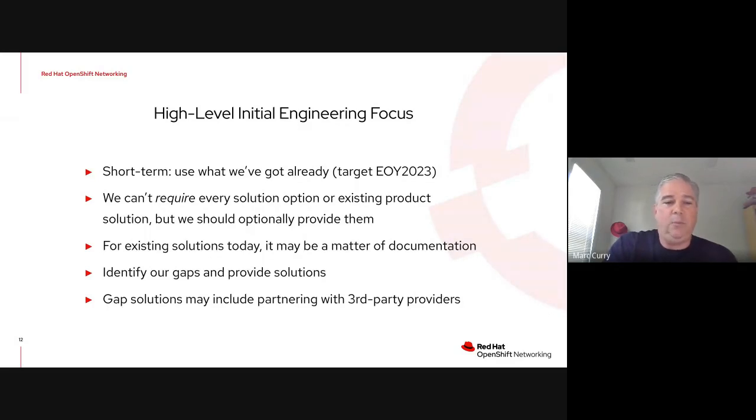But then we will, at that point, identify what gaps exist that we're hearing back from customers, and then we can actually do core development to provide additional solutions to cover some of those gaps. And of course, we have a very rich partnership with a large ecosystem of third-party solutions.